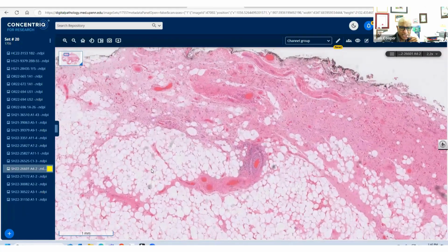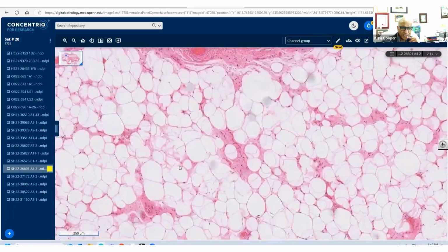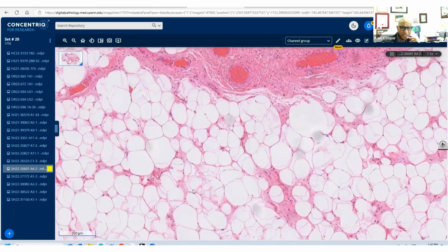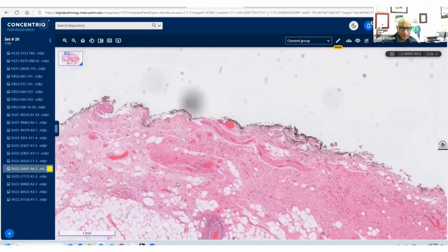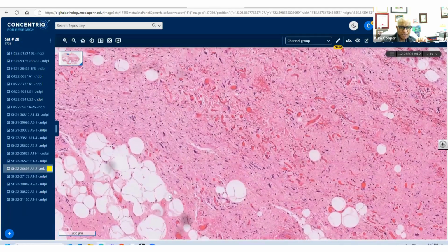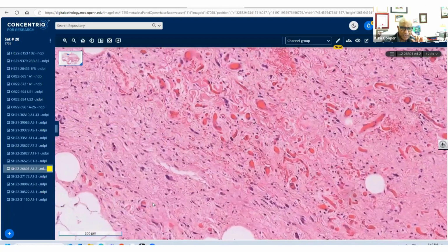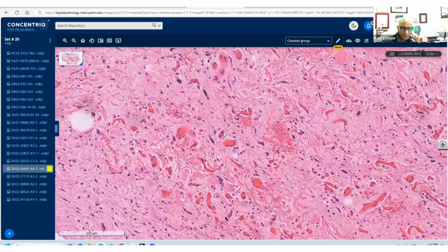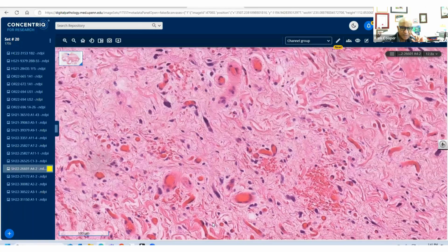So clearly you can see the fat cells. So then, all right, there's fat cells, and then there's these pink areas. Again, I try not to give you any clues, but I'll go down and show you these pink areas so you can see what the cells look like, and then move away from there and go back to these fat cells.